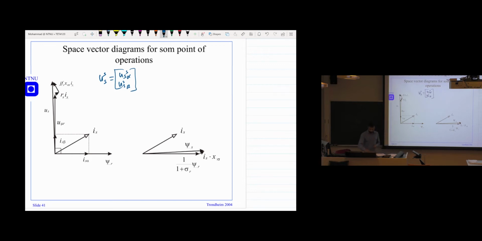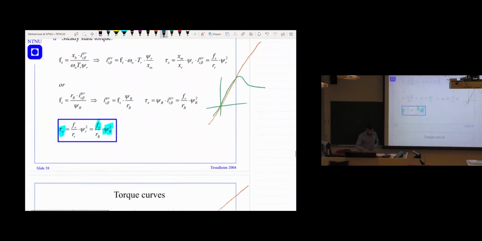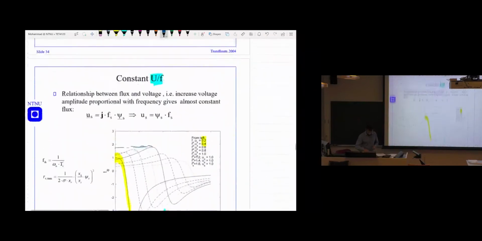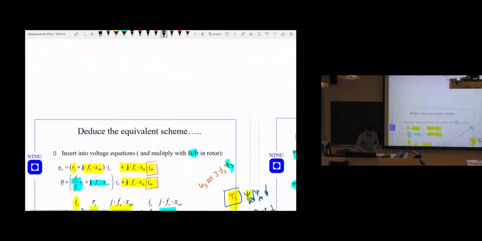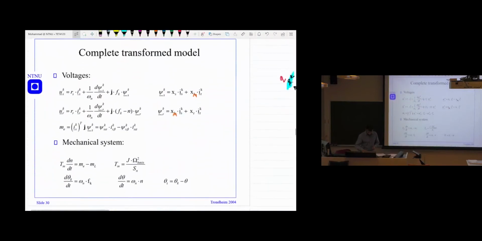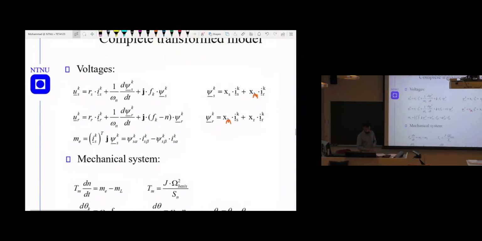Because if you look at the machine modeling equations that we have, yeah, here you can see them. So we can do all this in the matrix form, like this u_s. We can write them as a coordinate vector, and also we can write alternately in the phasor form.